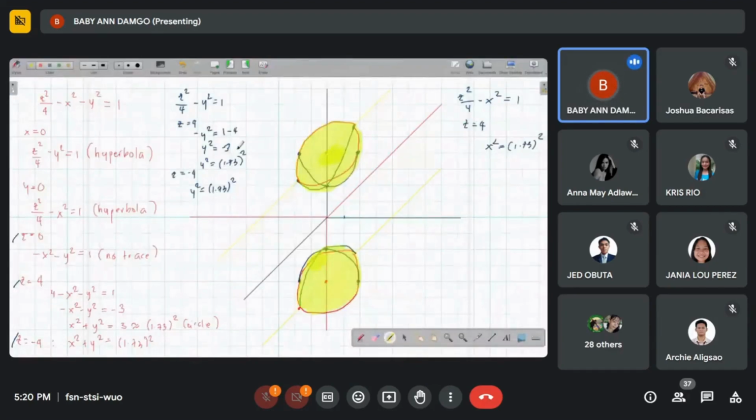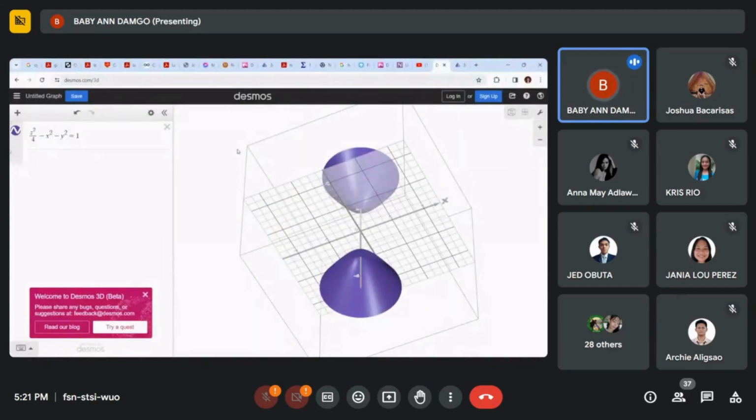Please take a screenshot for the actual graph.